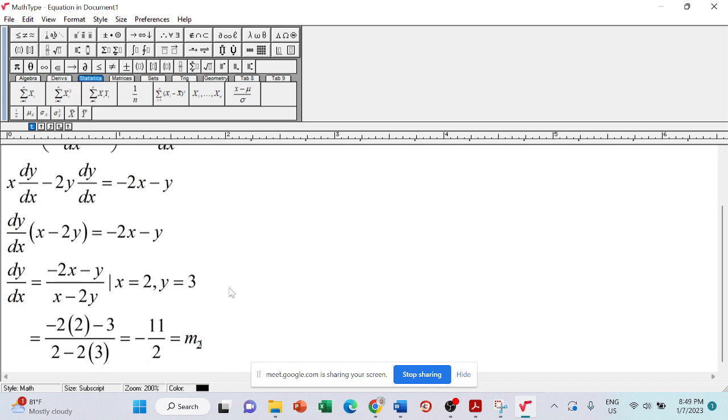Negative 23 over 2, madam. And this is negative 2 times 2, negative 4, right? Check your value, is it true? Negative 4 minus 3. I got 11 over 4. 11 over 4.